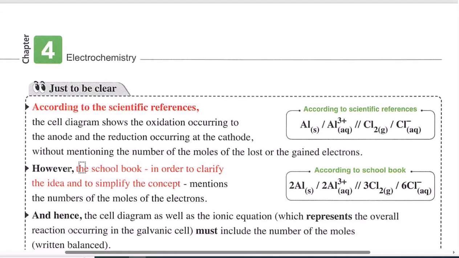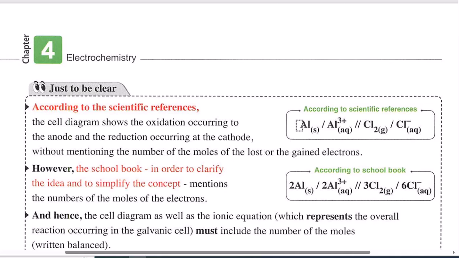Here in our curriculum in Egypt, in the Faculty of Science, we do not study electrochemistry by balancing the diagrams, but here in the curriculum you have to balance the diagram as well as the electrolytic or electrochemical equation.